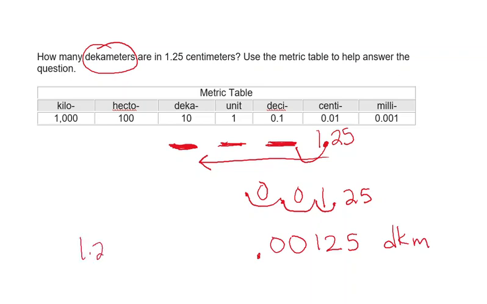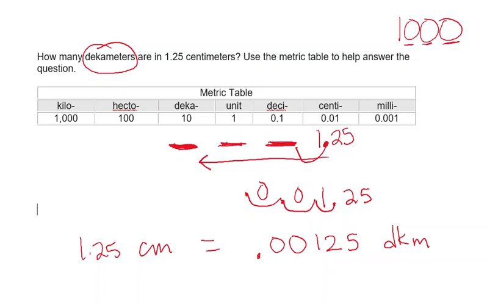1.25 centimeters is equal to 0.00125 decameters. When you have to move your decimal point to the left, that means your number is getting smaller, which means you divided, and we divided by a power of 10 with 3 decimal places because we moved our decimal point 3 times to the left.